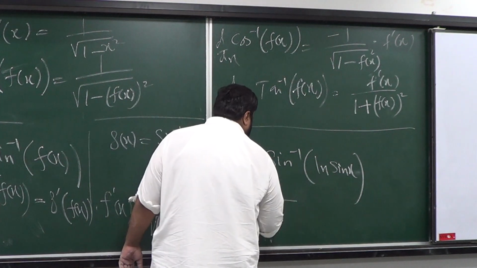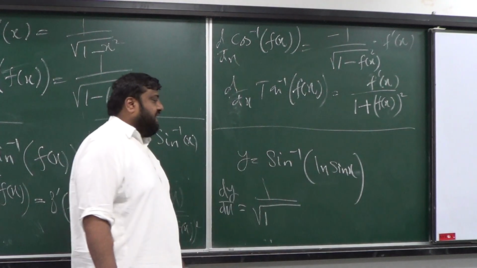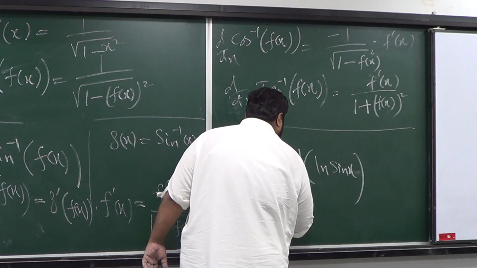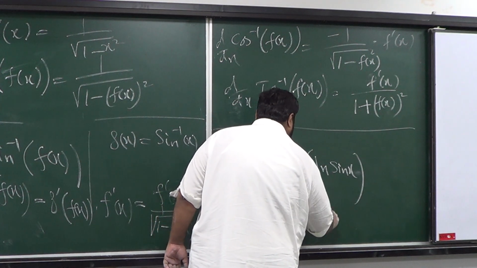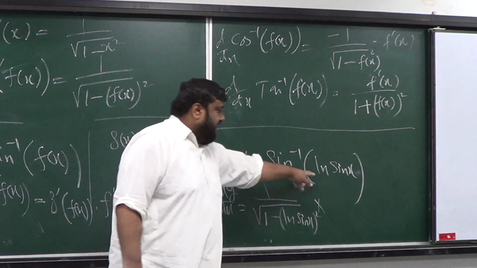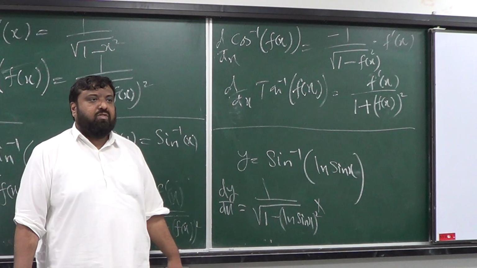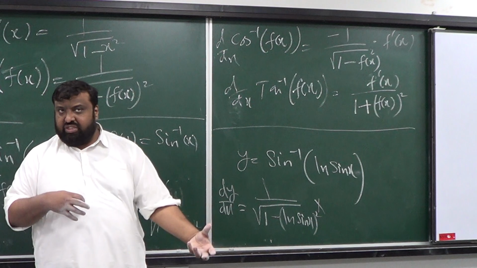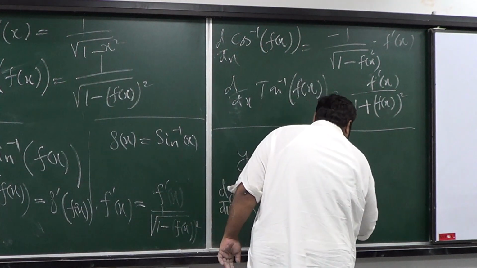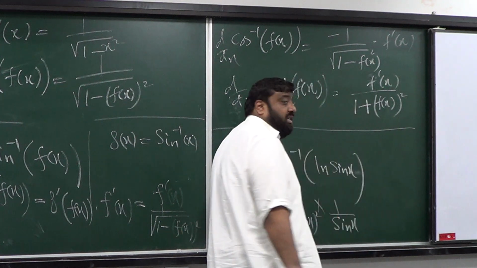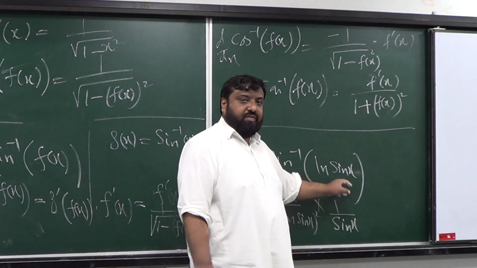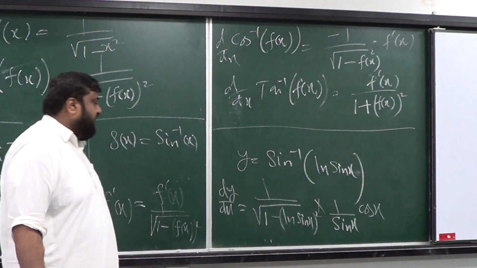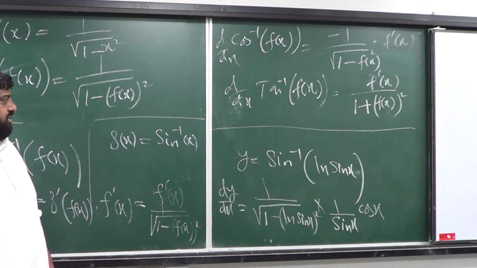It is 1 over the square root of 1 minus x squared, but you substitute log sine x instead of x, so 1 minus log sine x squared, multiplied by the derivative of log sine x. What would be the derivative of log sine x? Again the chain rule, because it is the composition of the log function with sine x. So it's going to be 1 over sine x times the derivative of sine x, which is cosine x, and you can simplify it to get the result.